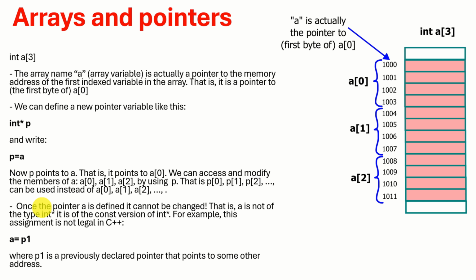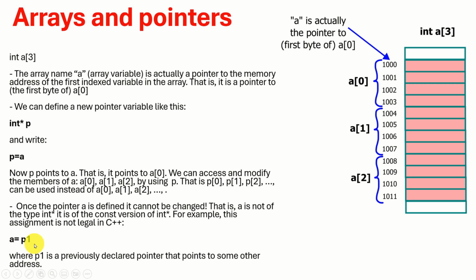Now, here's one very important thing to keep in mind. Once the pointer A is defined, it cannot be changed. That is, A is not of the type int pointer, it is of the const version of int pointer. For example, this assignment over here is not legal in C++. Why is that?